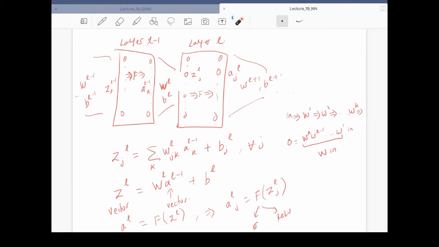Another is rectified linear, which is max of 0 comma x. These are two standard examples. You have a few more, like tanh, which is also used. A lot of these layers have been tried in the deep learning literature.